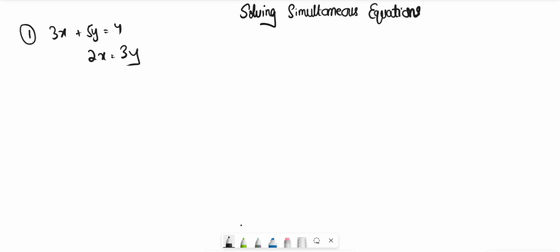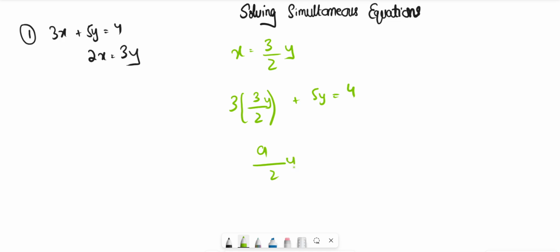Okay, so according to you, we should use the substitution method first. Which means x equals 3 upon 2 y. 3 into 3 upon 2y plus 5y equals 4. 9 upon 2y plus 5y equals 4. 19 upon 2y equals 4.